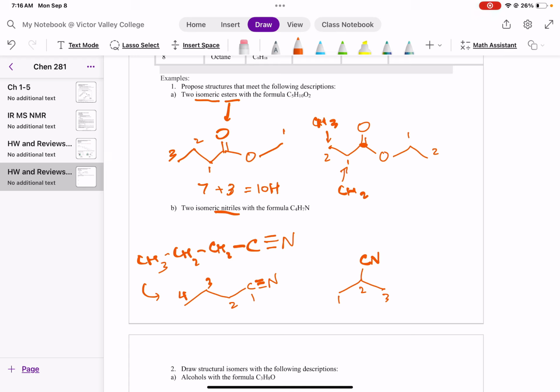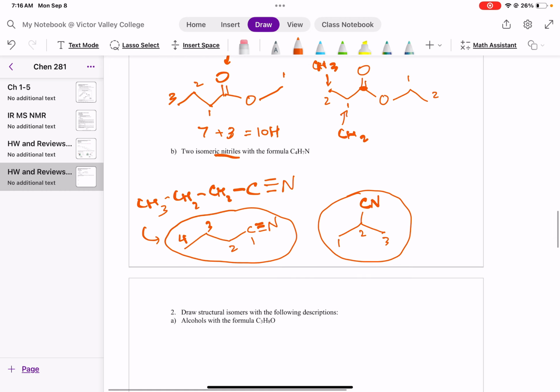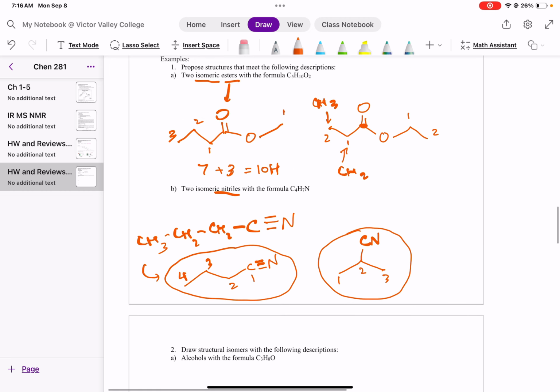So we got 2 different isomers, as requested. In this case, the condensed formula doesn't take that much time to draw, to write, and it's easy to see. So whichever is convenient for you guys.